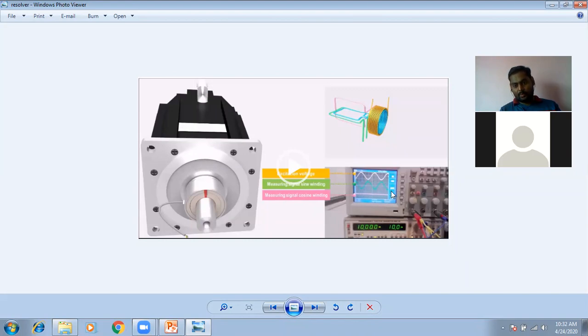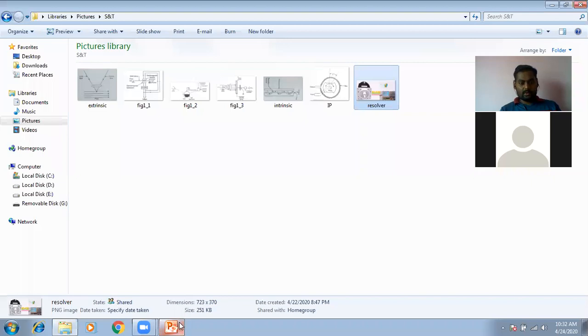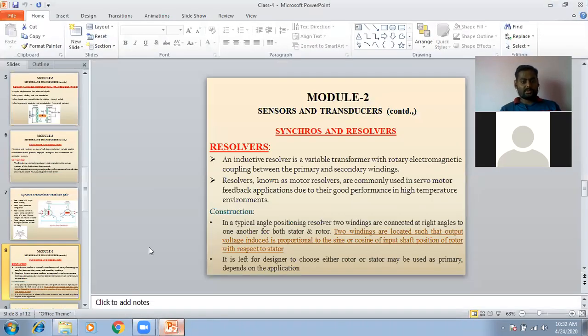The cosine is the output, right? Whatever voltage is induced here is a cosine of that input wave. So you consider the input wave as a sine, and the output induced is a cosine. That is exactly the reverse, right? This is how the resolver works. So again, I will go to the next. This is what a resolver is.